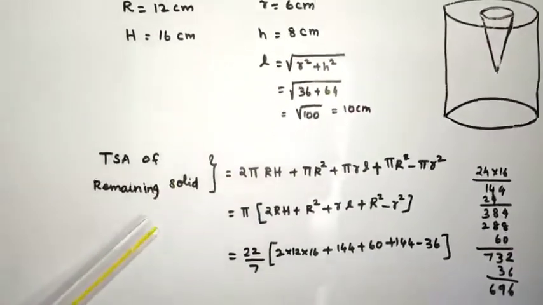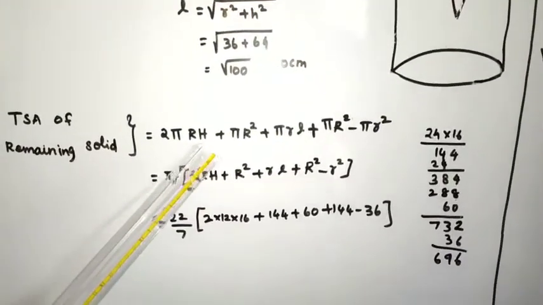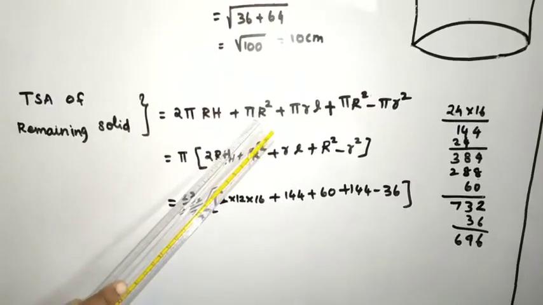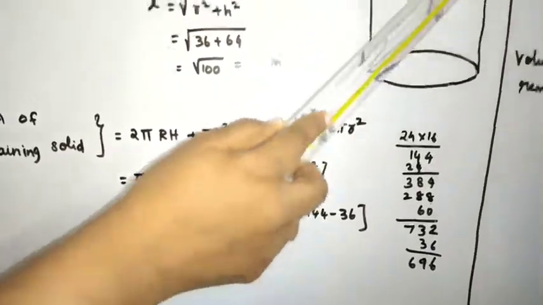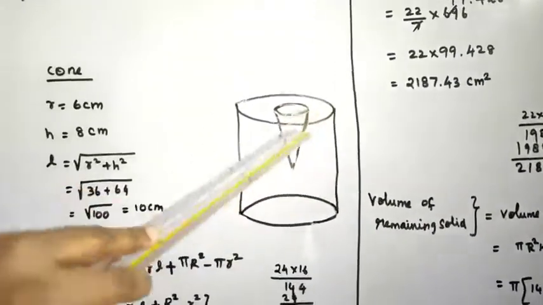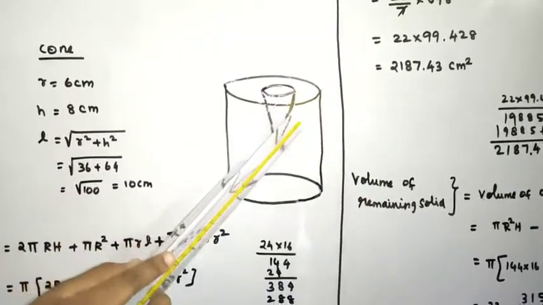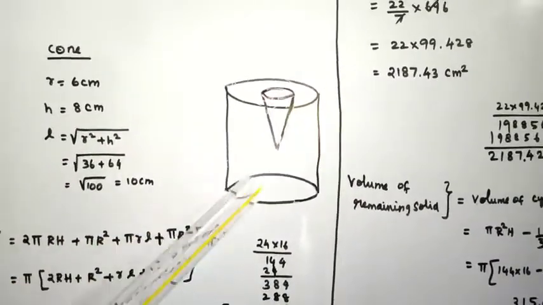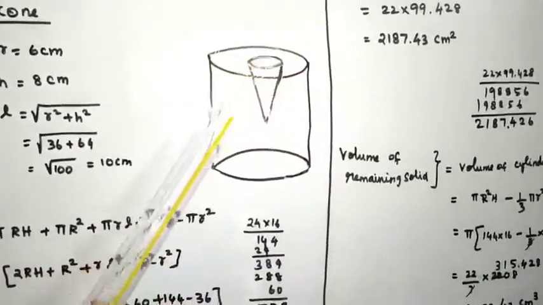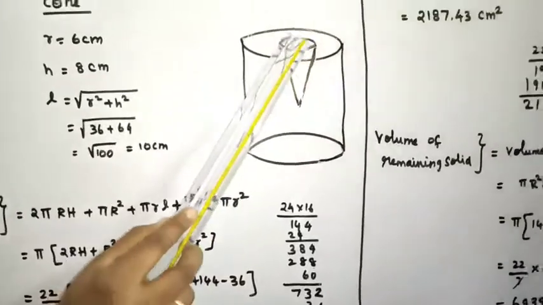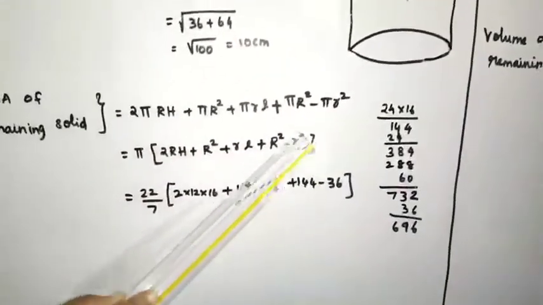So the total surface area of the remaining solid equals the curved surface area of the cylinder, 2 pi R H, plus the base area of the cylinder, pi R square, plus the curved surface area of the cone. In the inside part, it is nothing but the curved surface area, because the circular part is not included, so pi r L. Plus the top area of the cylinder, pi R square, minus the area of this hole, which is a circle, so minus pi r square.